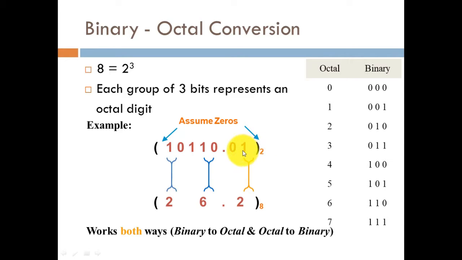How are we going to do that? If you closely observe, after the decimal point we only have 2 digits. So we can add a 0 after this 1, so that we can form a group of 3 bits. So we have added a 0 over here.